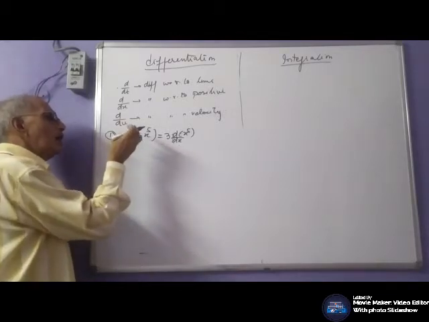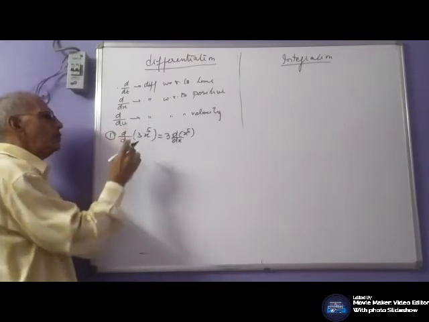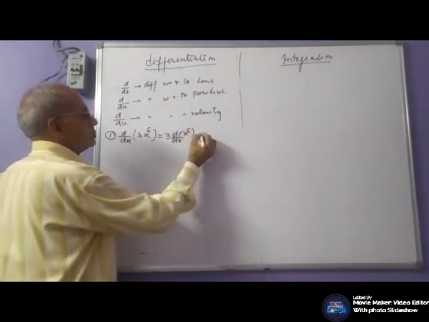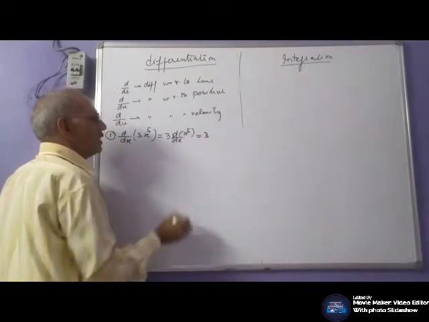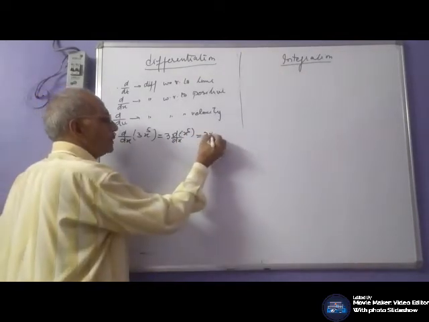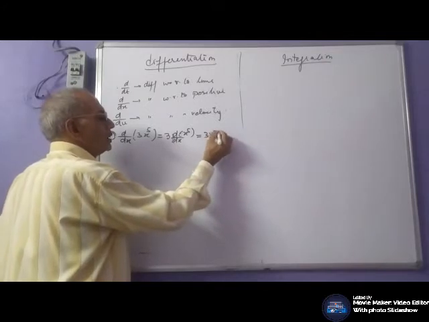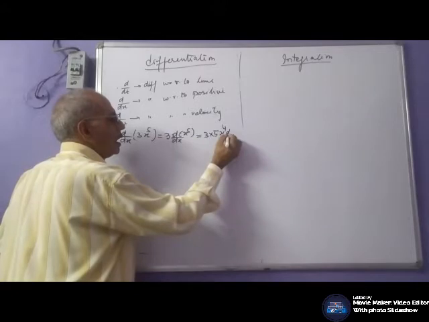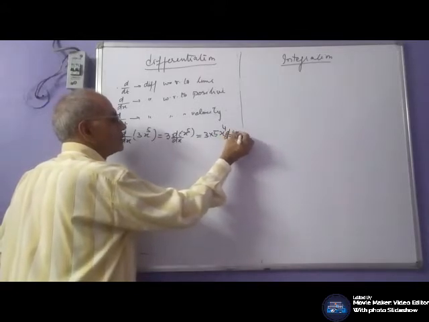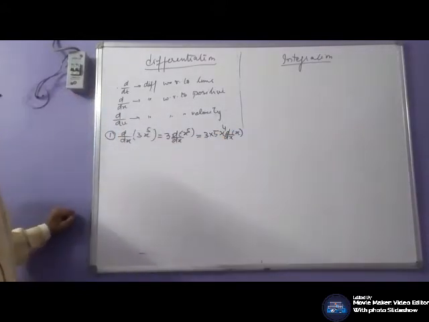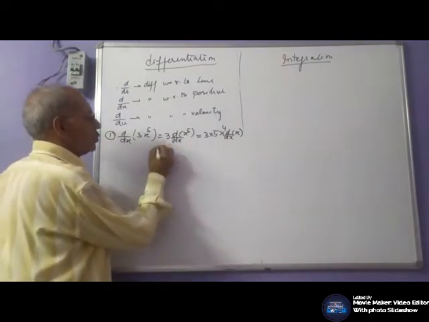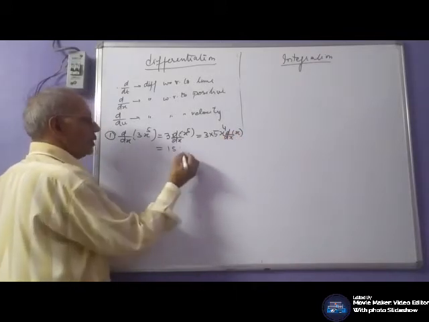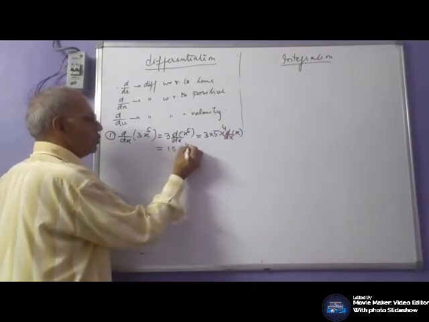Here m, k, y, anything other than x, will be constant. Now differentiate x^5: take the power to the side, subtract 1 from the power, and then d by dx of x. So it is 15, dx by dx is 1, x^4.